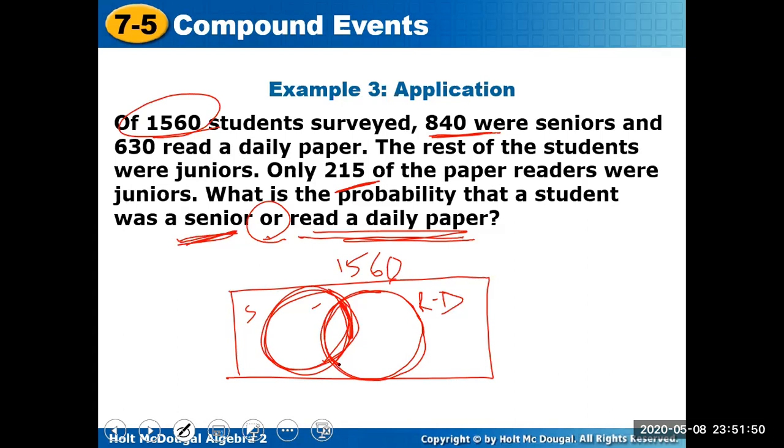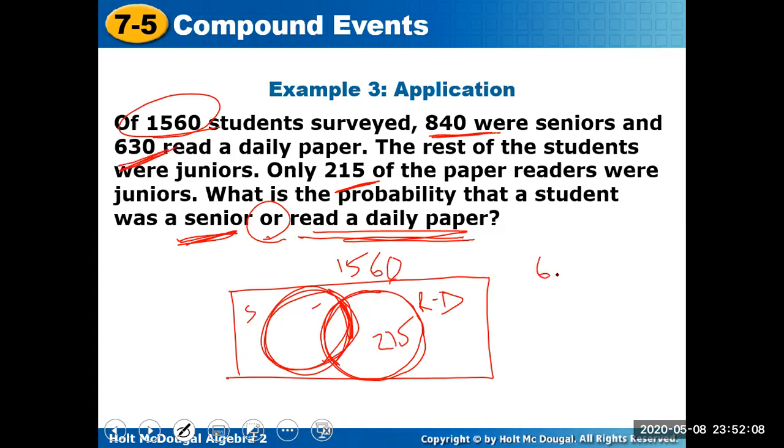So the remaining will be the juniors. That means 215 is here. If 215 of them were juniors, that means the remaining daily paper readers were the seniors. So there were a total of 630 paper readers.